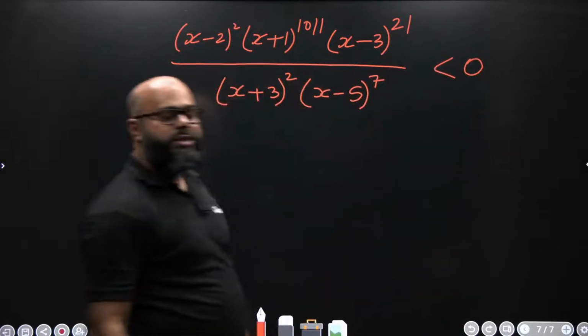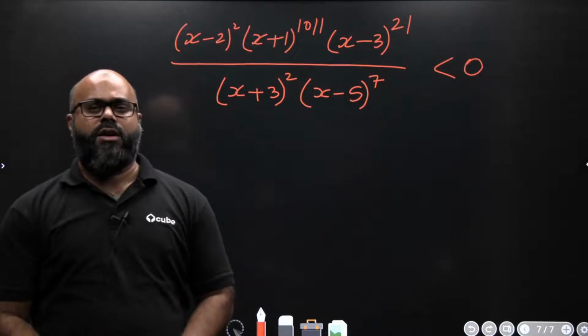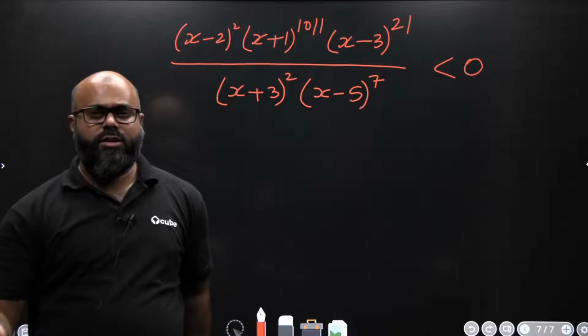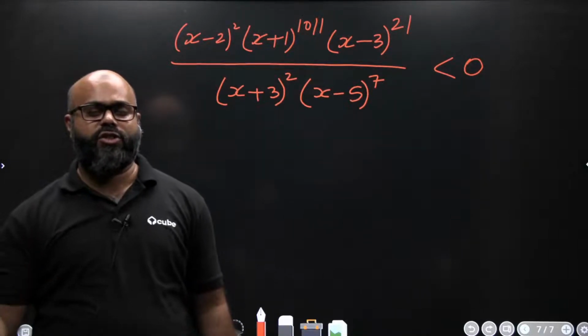Now, this is the question. This is a rational expression, that is numerator by denominator. Numerator is an algebraic function, and denominator is also an algebraic function. Now, it is a rational function overall.